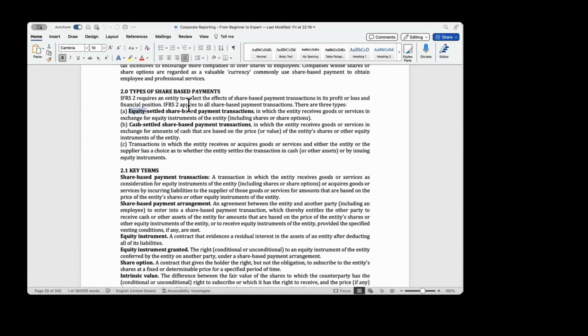So now, that being said, we then looked at how you recognize equity settled and cash settled transactions. We say it's when the goods or services are received.